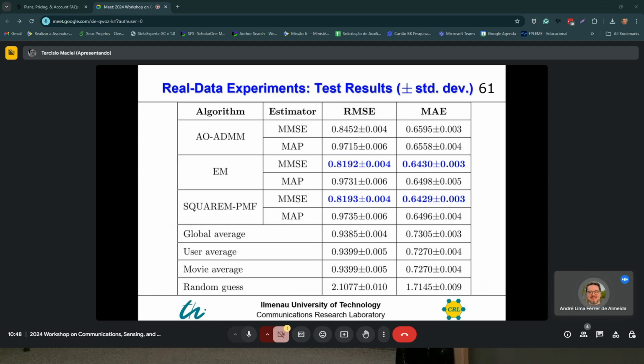Then we have the EM approach, and then we have square EM PMF, which is the faster one. We have some other techniques here that are just baselines. What we can see is that EM and square EM have a similar performance in terms of accuracy, but square EM has a much faster convergence, as we have shown. This demonstrates that this algorithm is applicable also for real data.